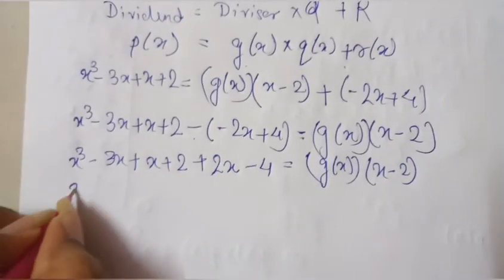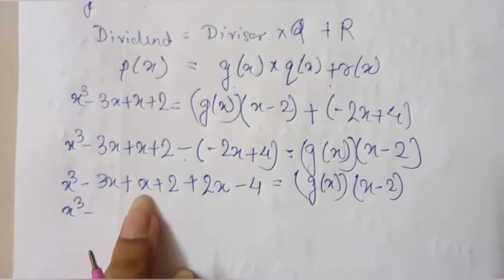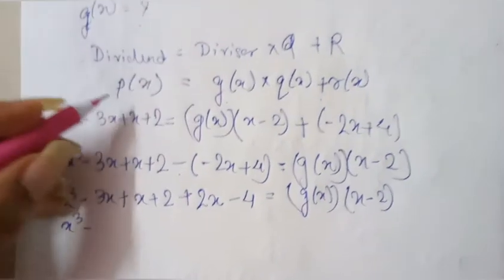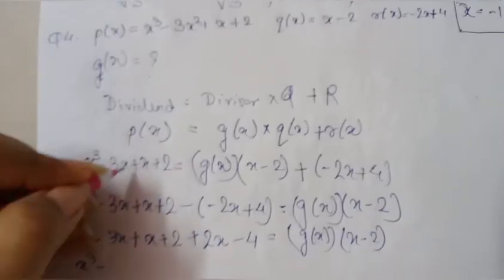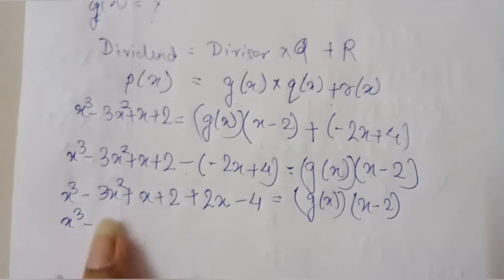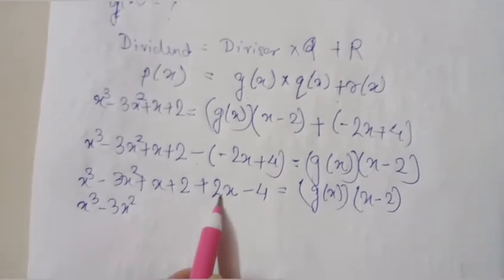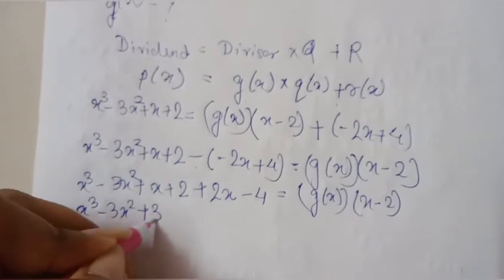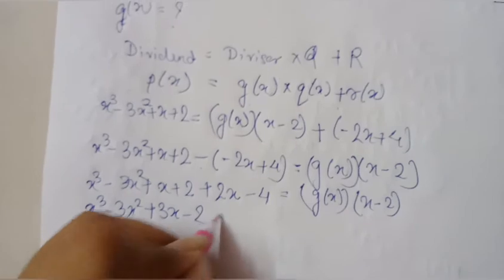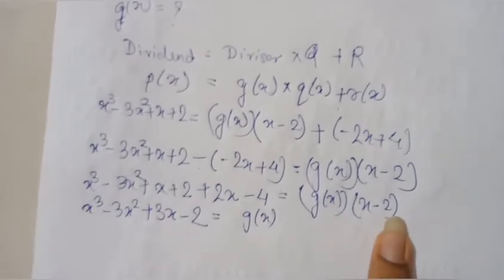And we'll write it as x cube minus 3x. Wait, it is x square. It is x square here. So minus 3x square, x plus 2x will give plus 3x, plus 2 minus 4 will give us minus 2, equal to g(x) into x minus 2.